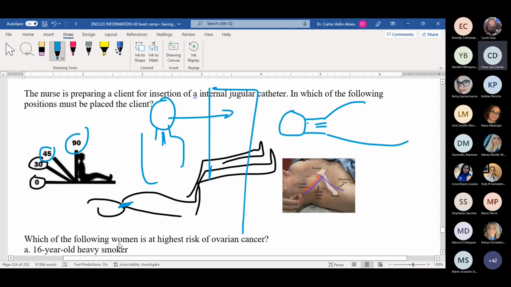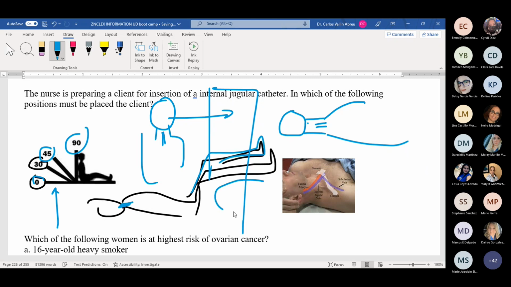That's why we place a tourniquet on the arm of the client to take a peripheral vein. Makes sense or not? Okay, so now the logic, the rationale for placing the client flat, even with elevation of the legs.